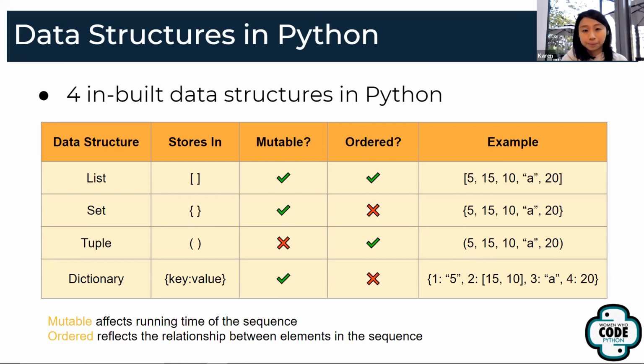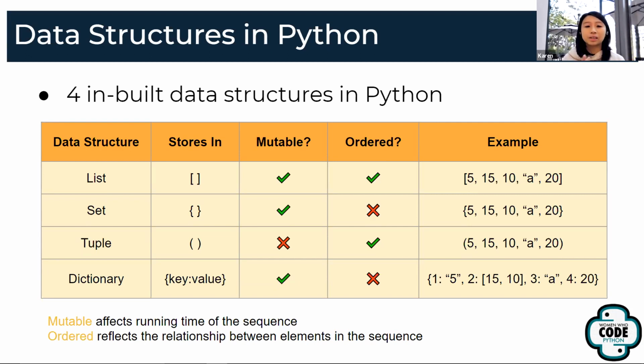Order is basically the indexing. For example, in a list, you can call the first element or the second element because it has an index. There's a relationship between them: Apple is number 1, Titanic is number 1, Ocean's 8 is number 2.